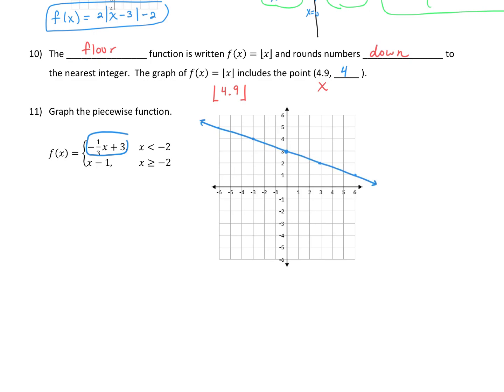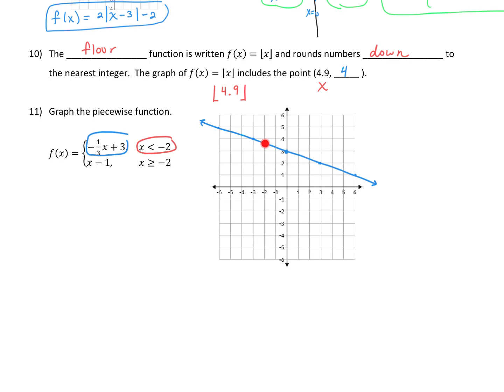But remember, we don't want the full line. We only want the line for the x's that are less than negative 2. So what we're going to do next is we're going to go to where x is a negative 2. So we're at the origin. Let's go to where x is a negative 2. Then we go to our line. So we're right here.